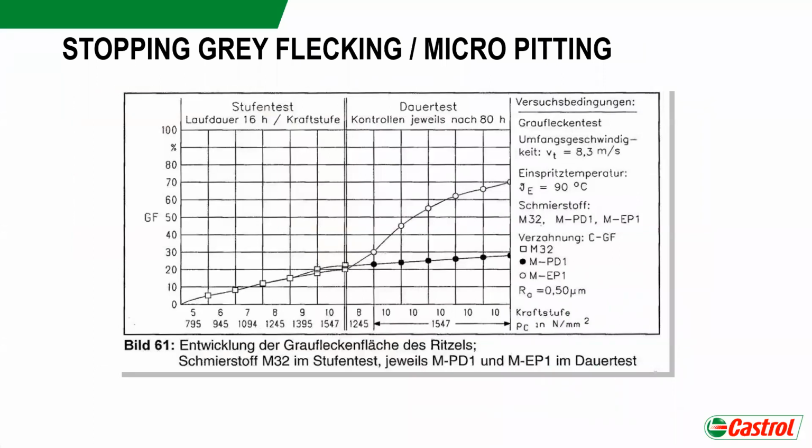What we have done is we have gone through the initial load stages with a very bad oil, so a low micro-pitting resistance, resulting in high micro-pitting area. So we have, on purpose, created a pre-damaged area in this test rig. And then for the later load stages, for the endurance tests, we have swapped to other oils.